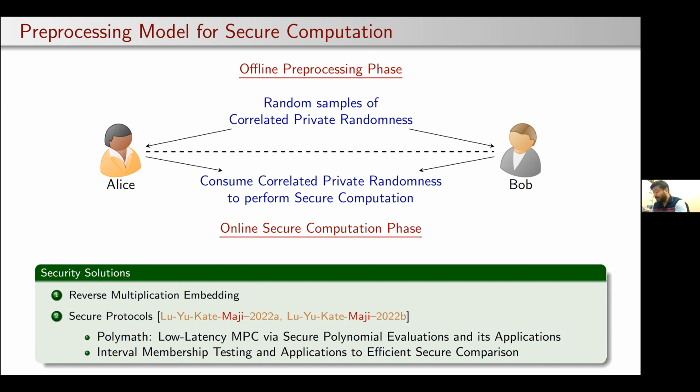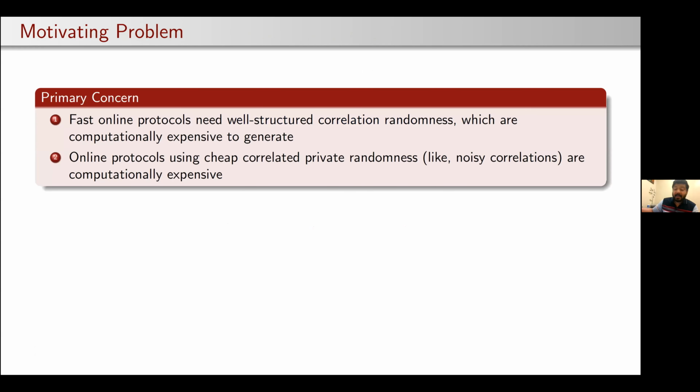With that background, let me motivate the primary problem which leads to the study of secure non-interactive simulation. We have seen that fast online protocols typically need very well-structured correlated randomness to be generated during the pre-processing phase.